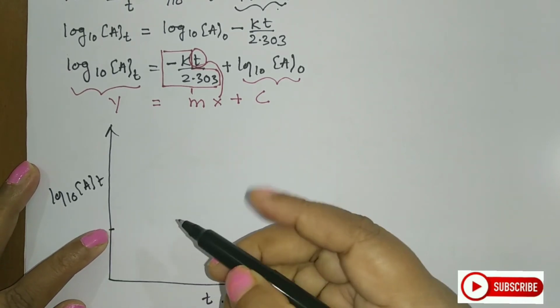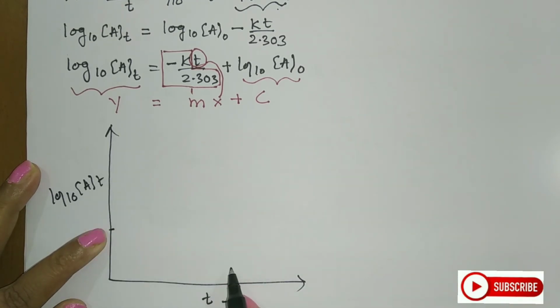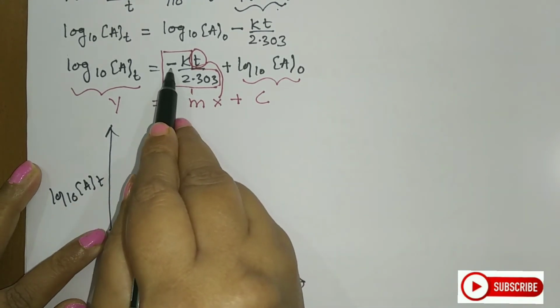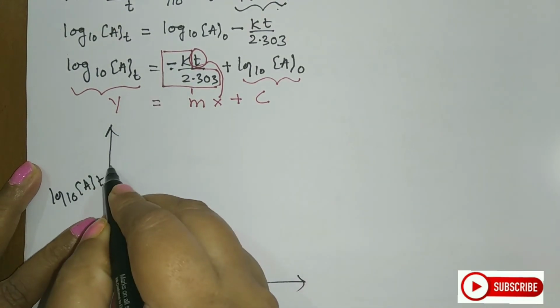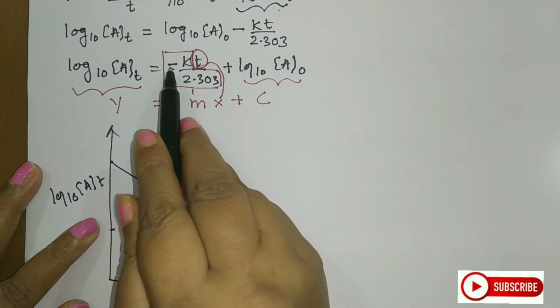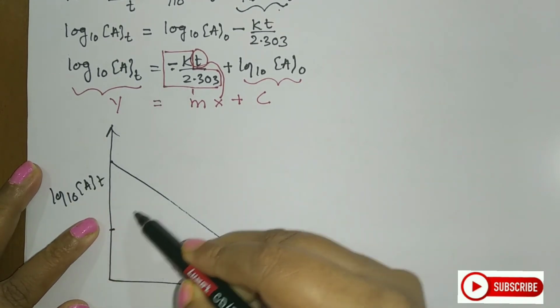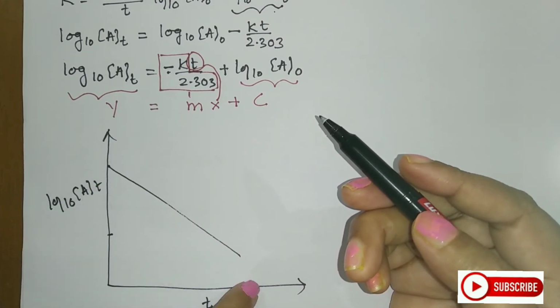Now how to plot the graph? Whether the graph will go like this or like this, for that you have to see the sign here. This is a negative slope, and therefore the graph will be something like this. Right, students? If it would have been positive here, the graph would be in this manner. But as it is a negative slope, it will come down in this way.